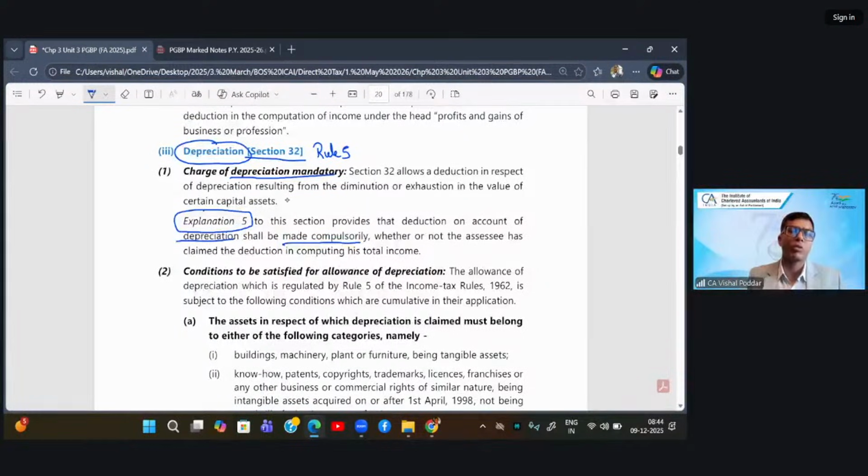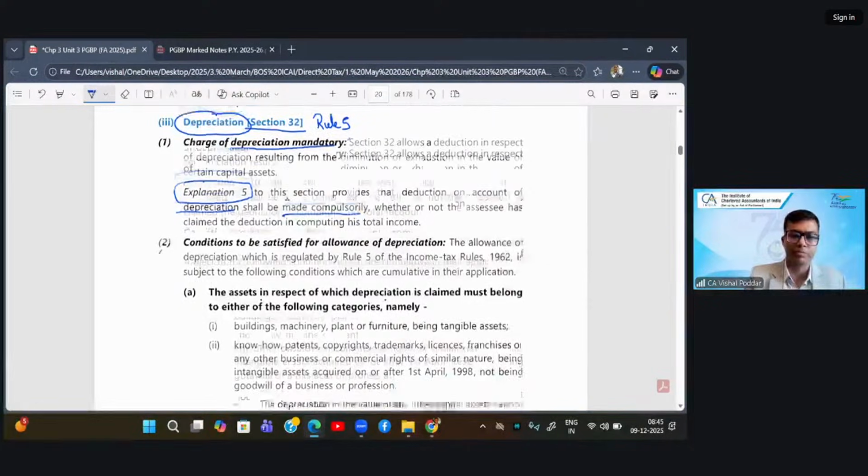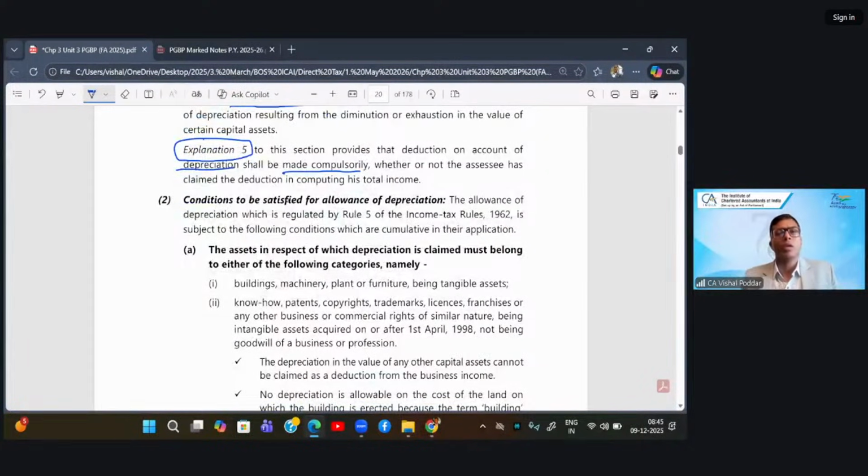So whether or not you are showing it in books in your account, that is your choice. But for the purpose of PGBP, every year, whatever is the depreciation as per the rule has to be compulsorily debited, has to be compulsorily charged against your PGBP income. Now, this rule is very important. Along with the act, you also study parallelly rules.